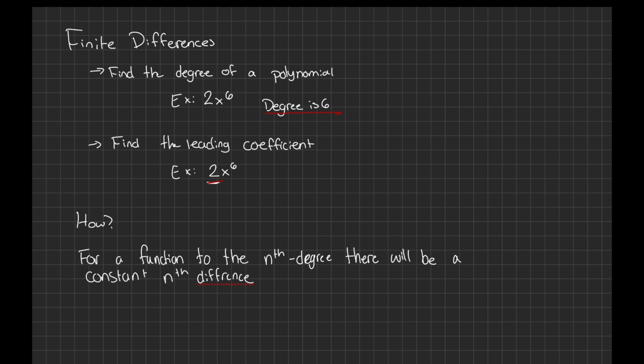If that doesn't make too much sense now, don't worry too much about it. We're going to go more in depth into that later. But for now, it's just important to know that that's a possibility.